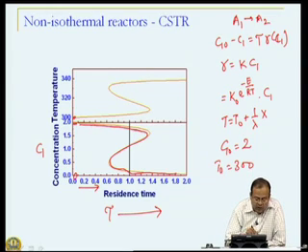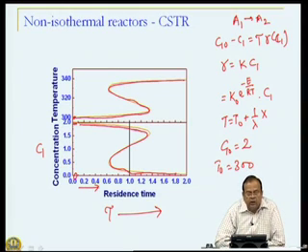So, when there is very little reaction, temperature at the exit is close to temperature at the inlet, but as we increase the residence time, we have more and more increase in temperature, because reaction is taking place. Remember here we have an exothermic reaction in mind when we are looking at this particular reaction.